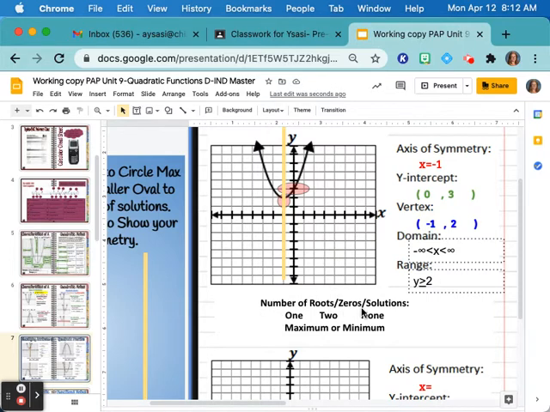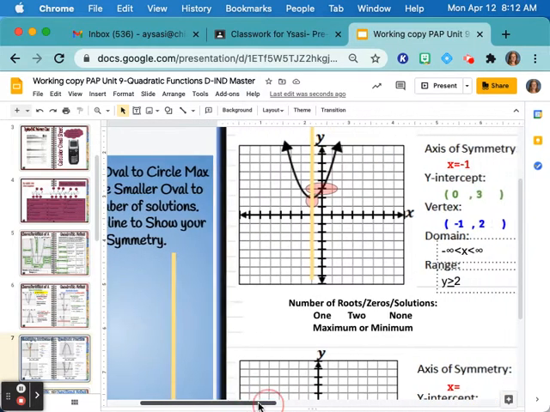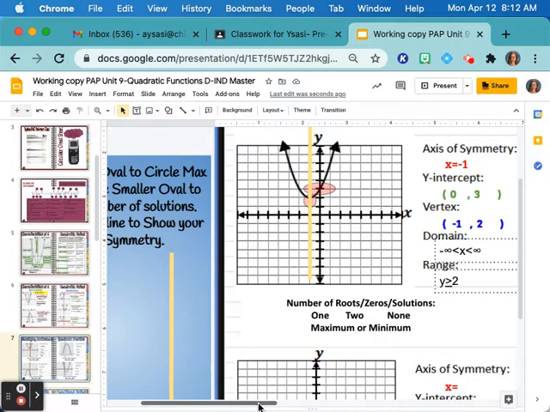Then number of roots, 0 solutions. How many do we have? So roots, 0 solutions. What does that actually represent? What are we looking for on our graph when we are asked for roots, solutions, or zeros?